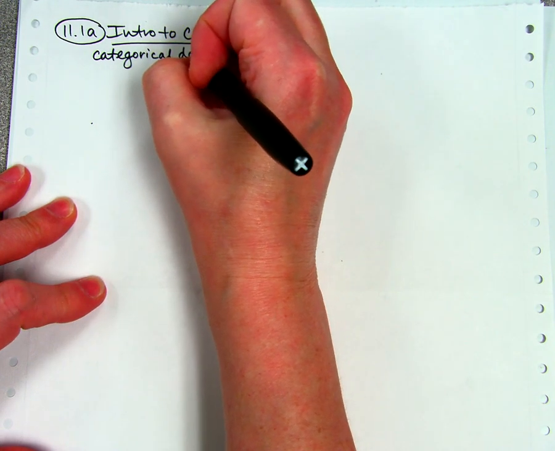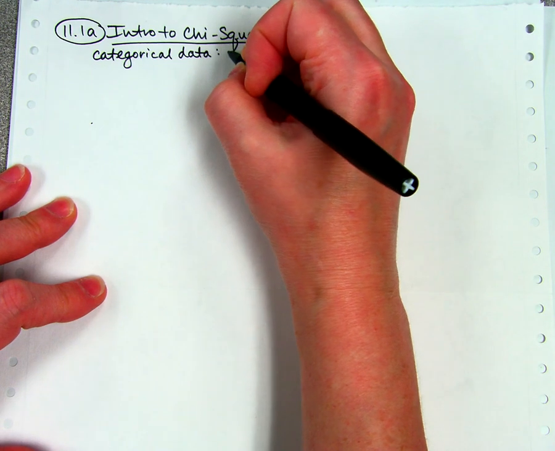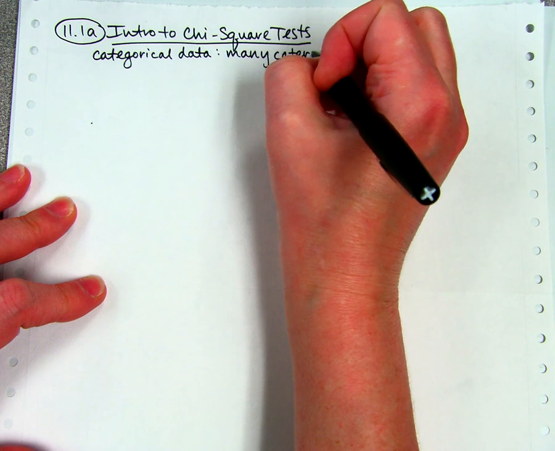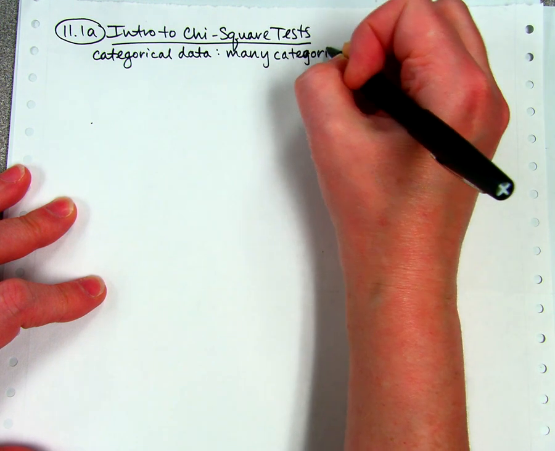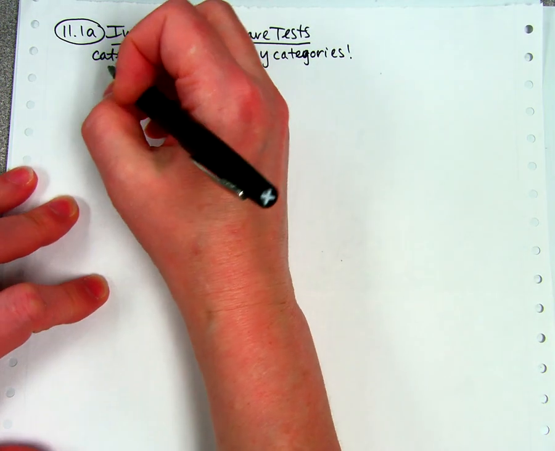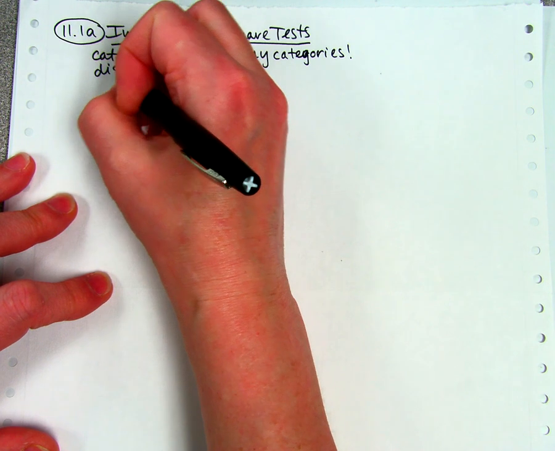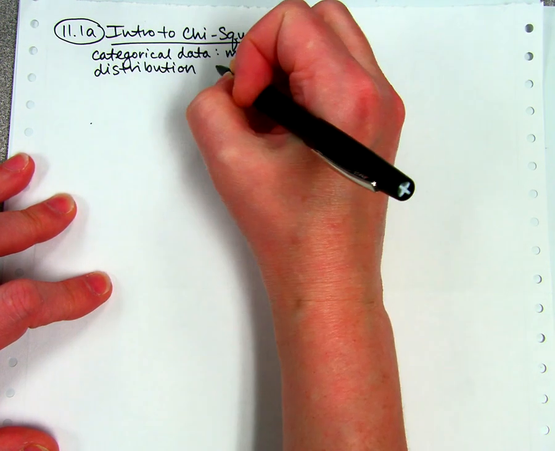But what we're going to change in this chapter is we're going to allow there to be more than two categories, many categories, which you saw some of that in the warm-up already. And we're going to start off by comparing the distribution of the categories and the proportions of all of them to a hypothetical distribution.